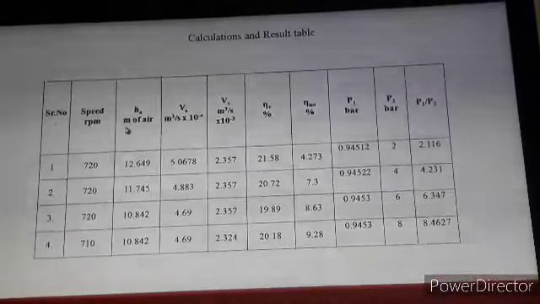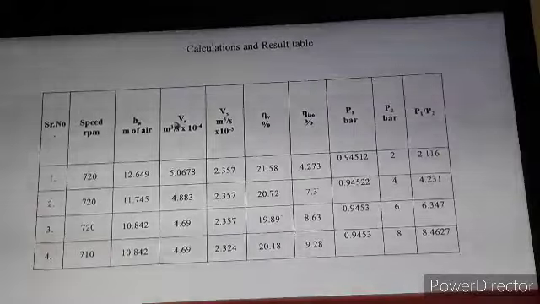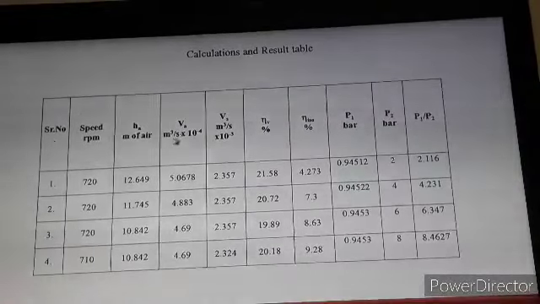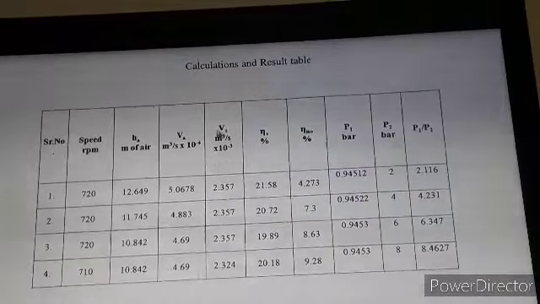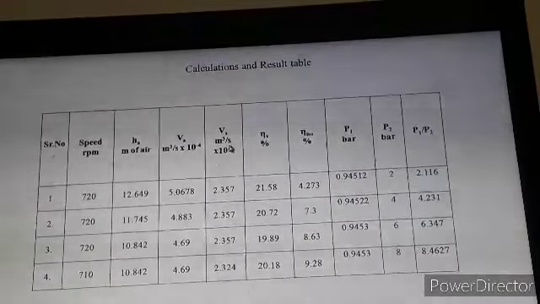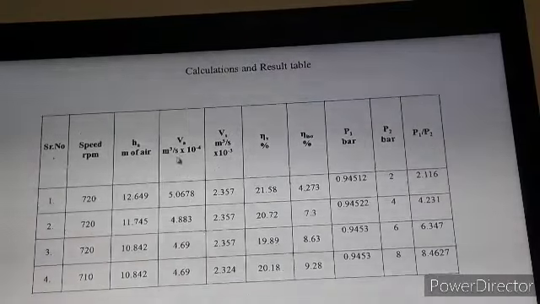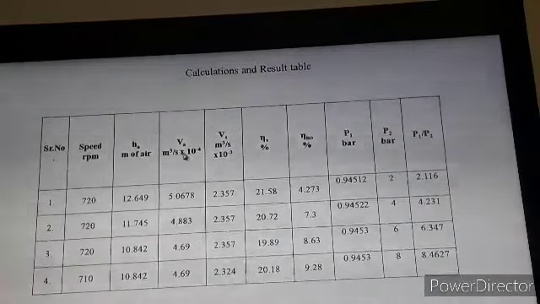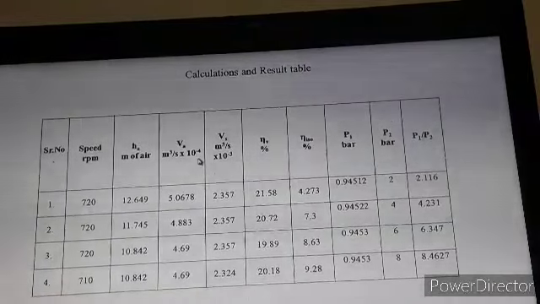Again, we write it in meters of air column. The next column is about the volume VA. Again, we write this volume in meter cube per second. Then the next volume is VS, that is the swept volume. Again, it is specified in meter cube per second, and all these readings are multiplied by 10 raised to minus 4. For VA, the multiplication factor is 10 raised to minus 4.